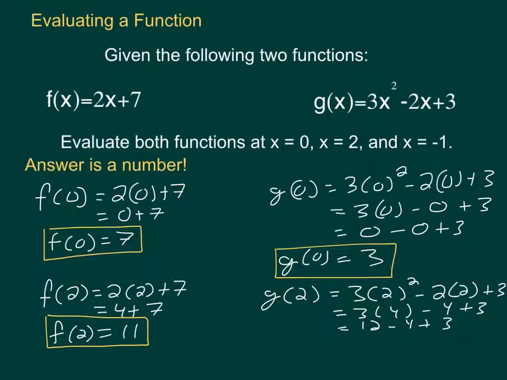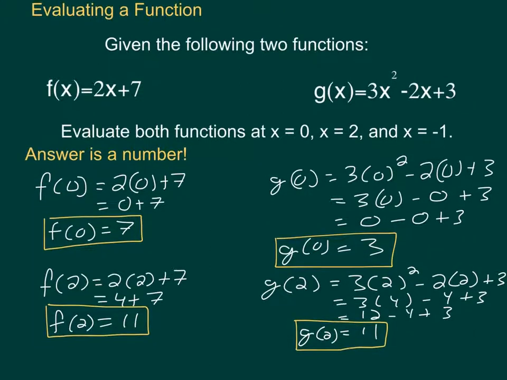That's from 3 times 4. And 12 minus 4 is 8. And 8 plus 3 is 11. Oh, that's pretty interesting. The g of 2 and f of 2 are both the same thing. That is just a coincidence. That won't happen all the time. But that's what you have to do.